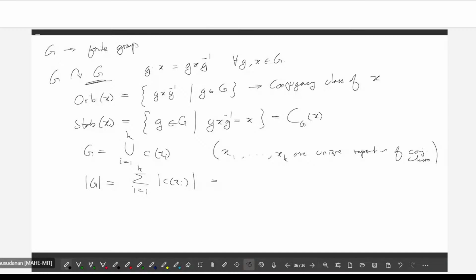But this is also equal to, according to the orbit-stabilizer lemma, the length of the orbit, which is the order of G divided by the order of the stabilizer. That means the index of the stabilizer in G, the stabilizer being the centralizer here.